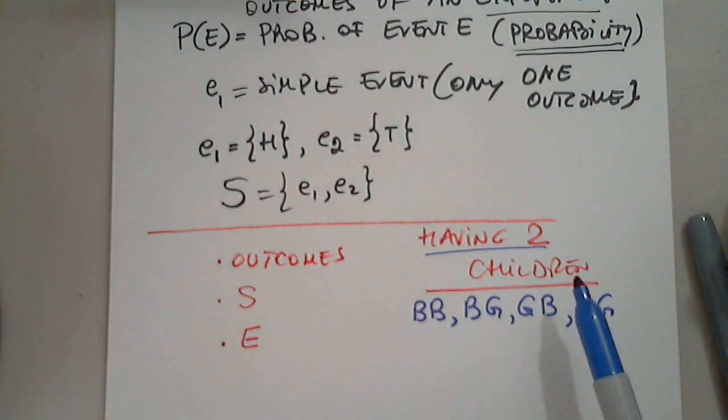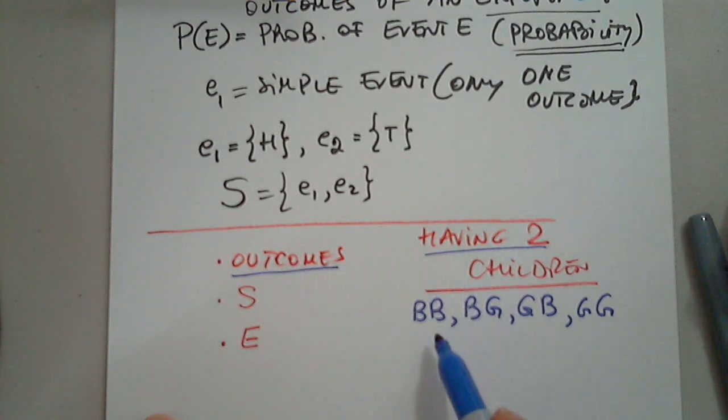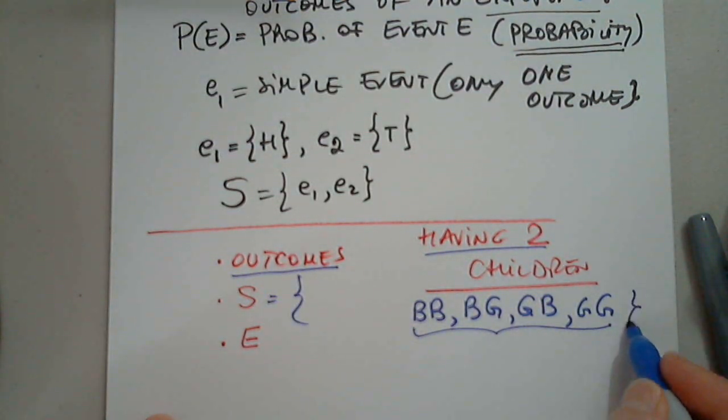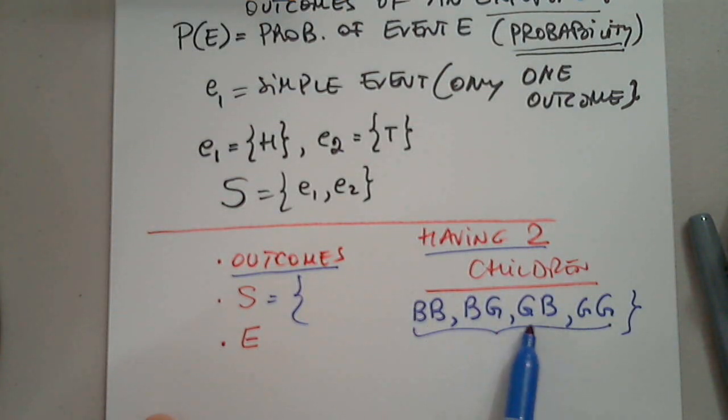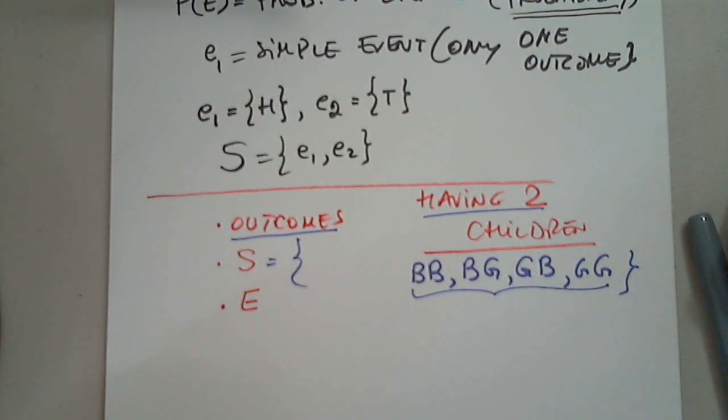So either a boy followed by another boy, a boy followed by a girl, a girl followed by a boy, and 2 girls. These are the outcomes, and this happens to be the sample space: boy-boy, boy-girl, girl-boy, girl-girl. This is the entire sample space, assuming that nothing else can happen.